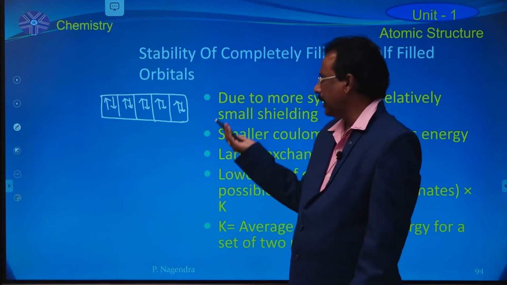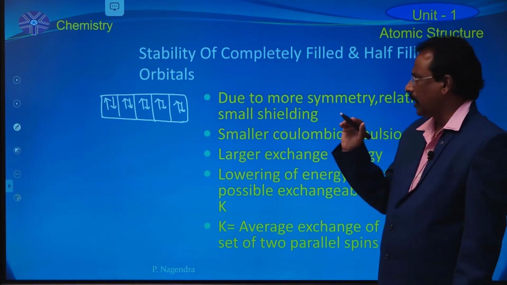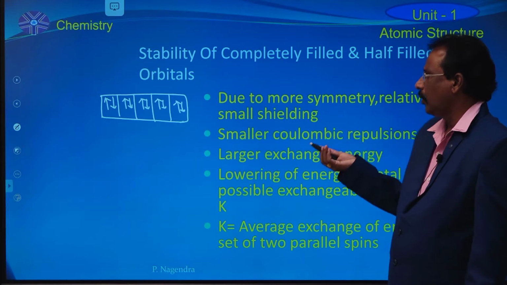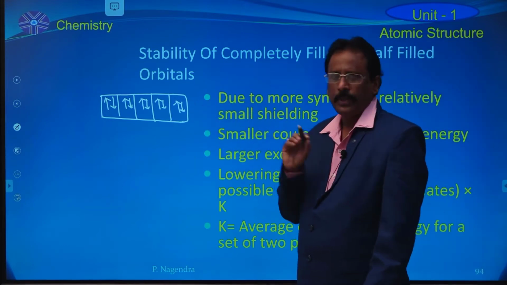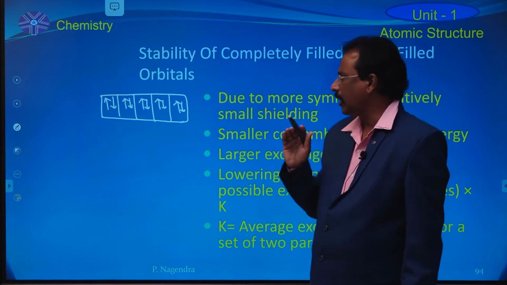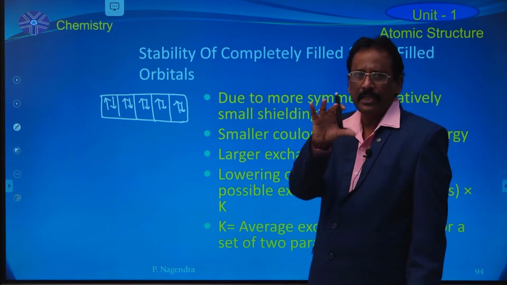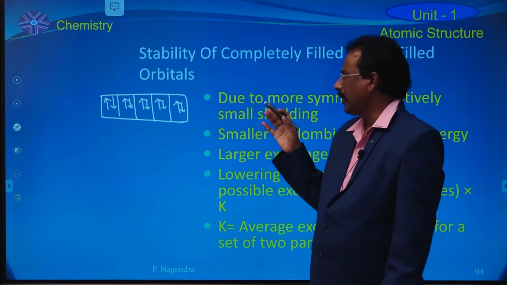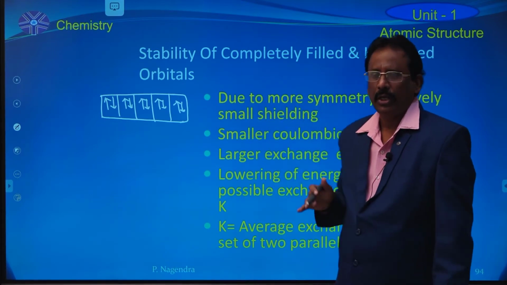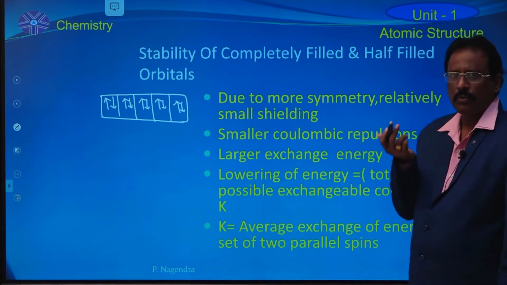According to Pauli, the maximum number of electrons present in any orbital is equal to 2. One is in clockwise, the other should be in anti-clockwise. That means in the d10 electronic configuration, in each and every d orbital spin is exactly balanced. That's why, compared to d5, the d10 electronic configuration is more stable.